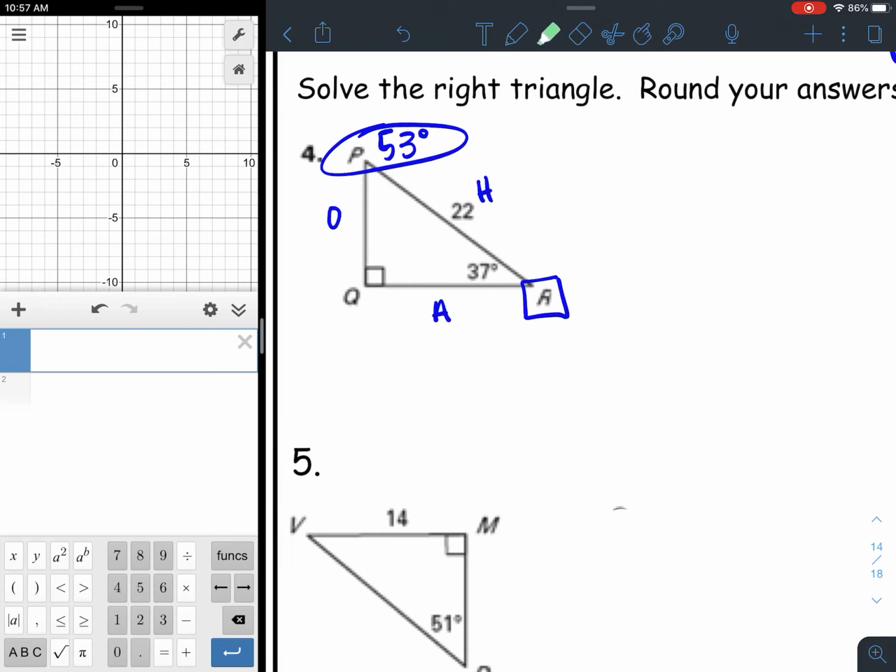So I'm going to use this opposite and the side that I know, the hypotenuse, which leads me to my sine ratio. So the sine of my 37 degree angle is the opposite over the hypotenuse 22. And if you remember from yesterday, for my calculator ready, I'm going to multiply by 22 to get my answer.